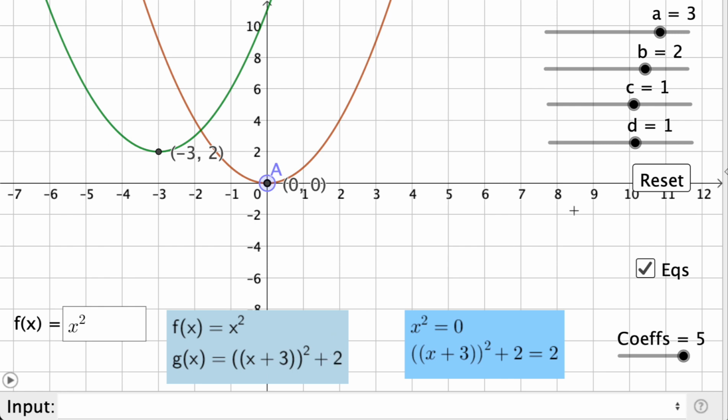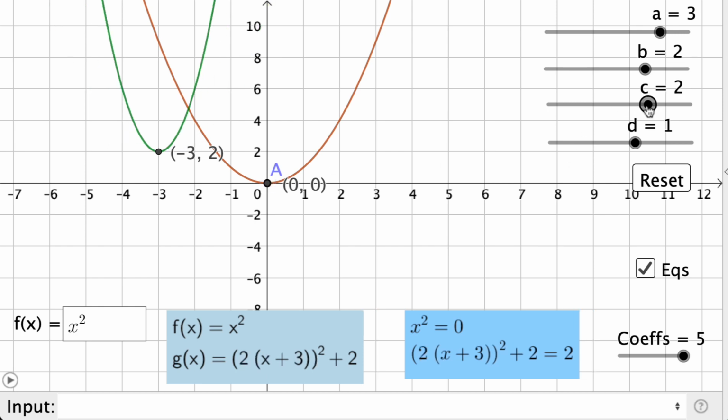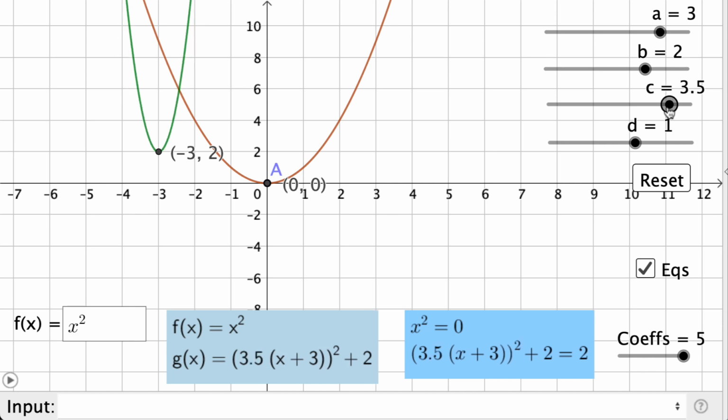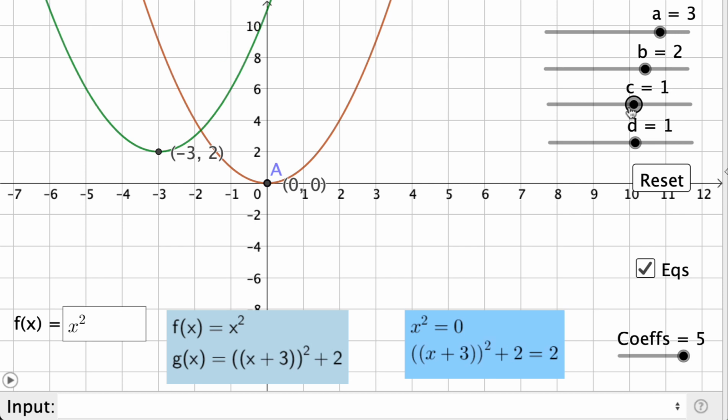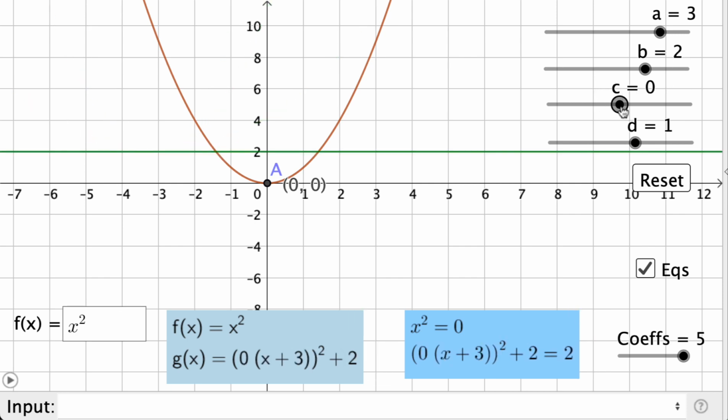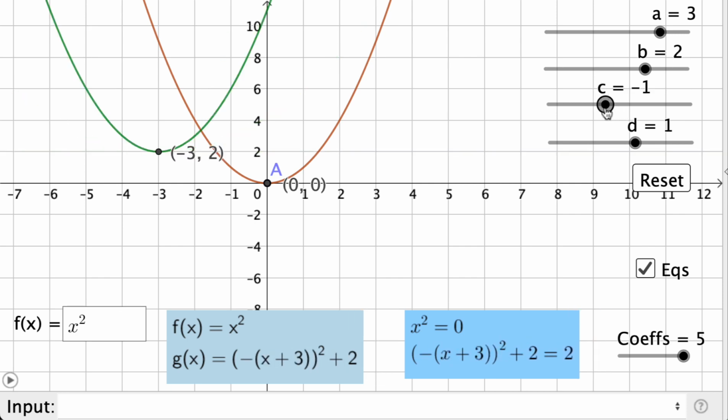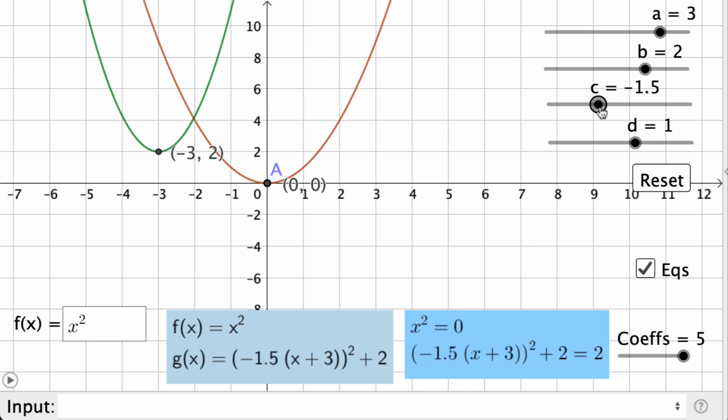up 2 units. Now, one of the things you'll notice, again, because the vertex is at (0, 0), when we multiply, it doesn't change the location of the vertex. It changes everything else. It changes any x-intercepts we might have. Well, in this case, we don't have any. It'll change our y-intercepts, but it does not change the position of the vertex.